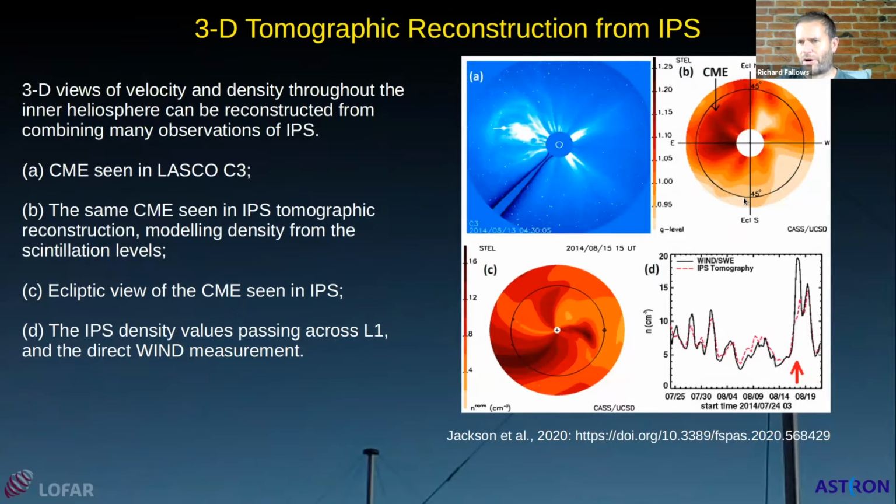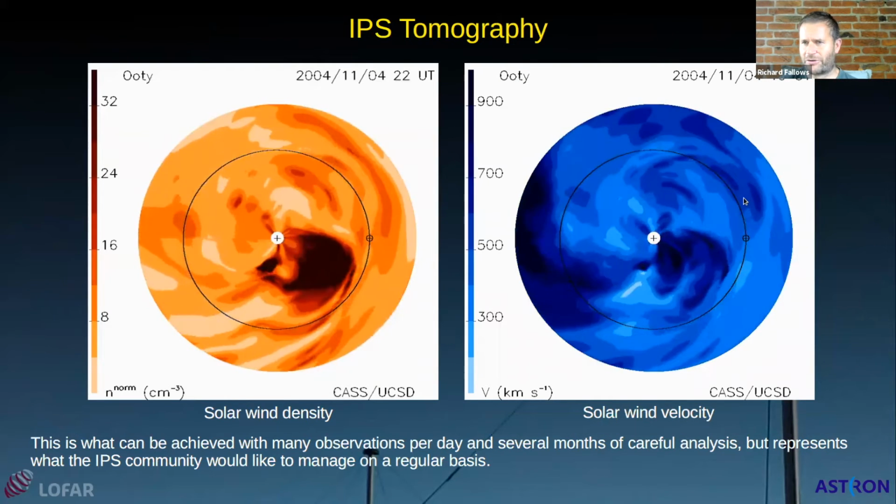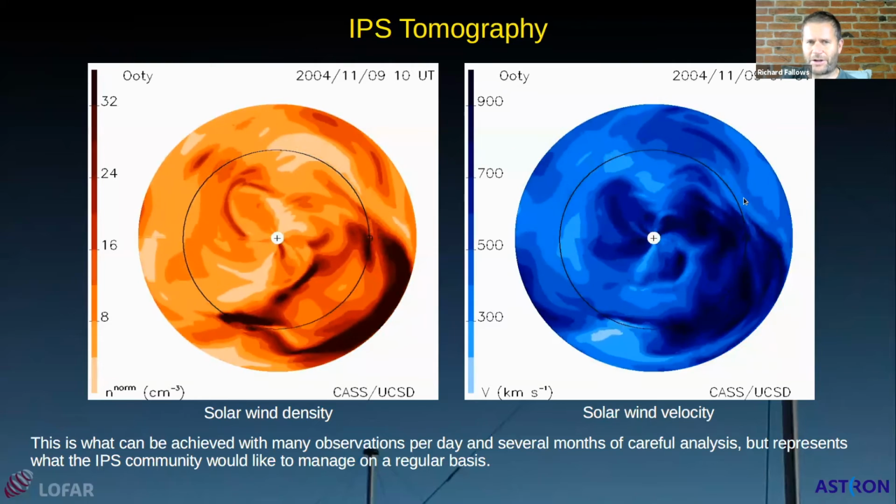Even more data are typically available from UTR, where they can get up to 1,000 or more observations in a single day. When you get up to that kind of level, and if you are very strict about the quality of the data that you let in, to really exclude data which are definitely poor quality or the results questionable, then with that number of observations you can end up with this kind of reconstruction in the ecliptic plane, with velocity on the right, density on the left.